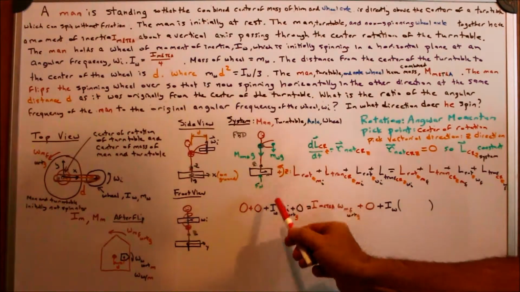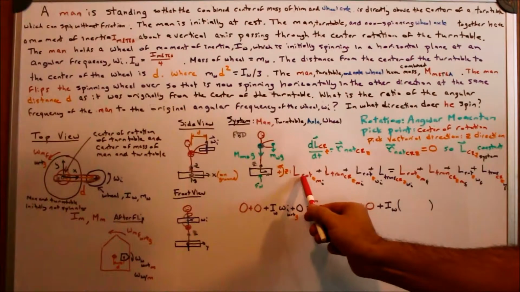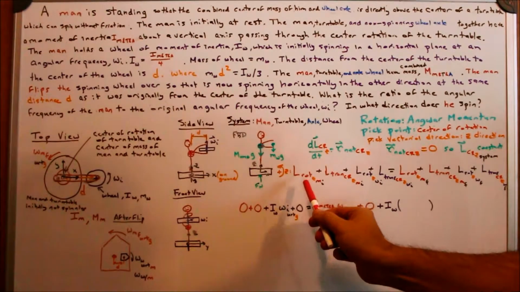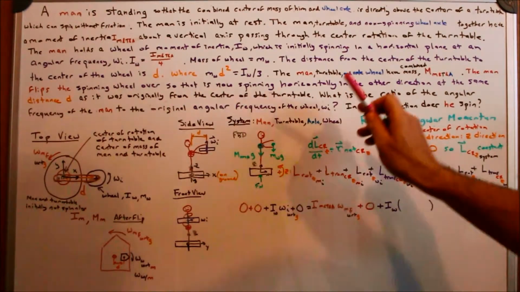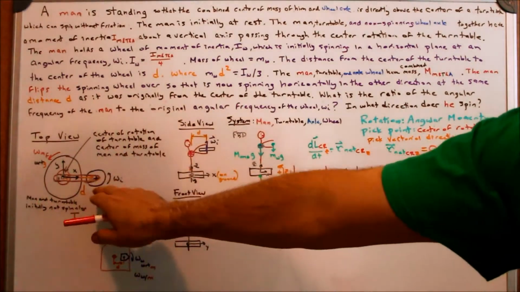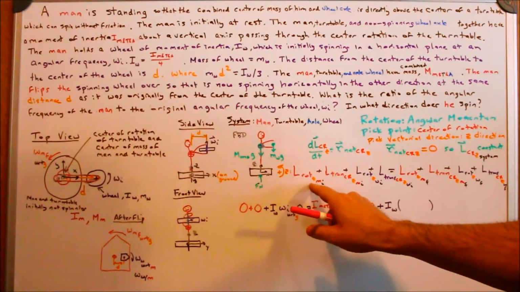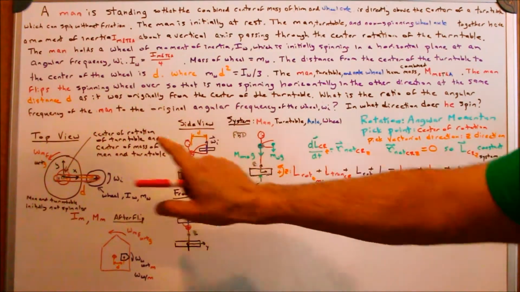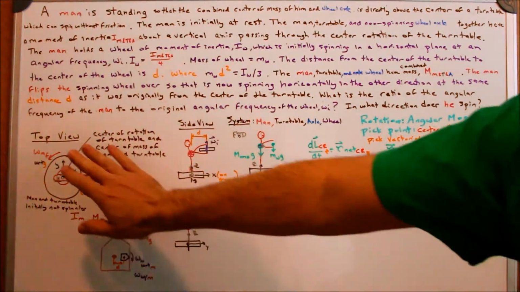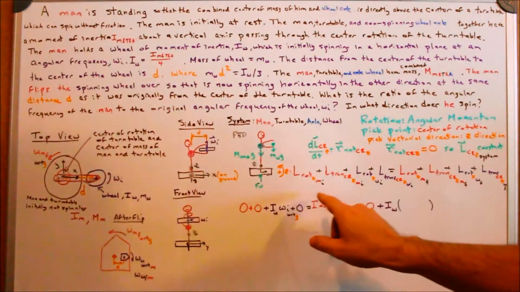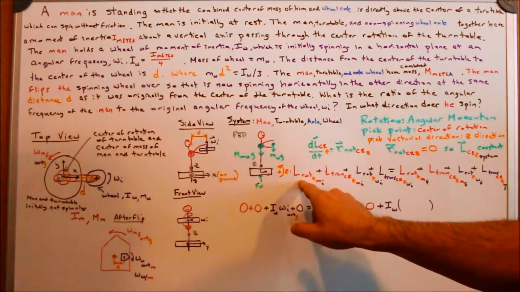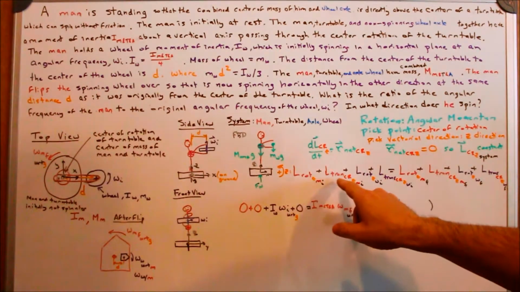Starting to fill in these terms in the z direction. Initially, think about the rotational angular momentum about the z-axis of the man, the turntable, and this axle system. Well, we're told that the man is not rotating at all initially, so omega initially is 0, so that's 0.